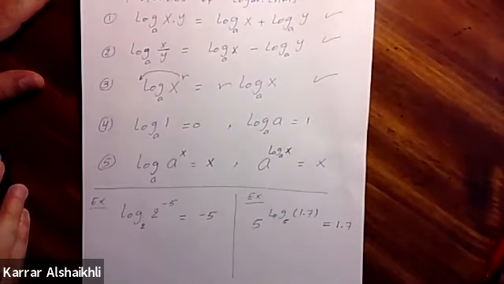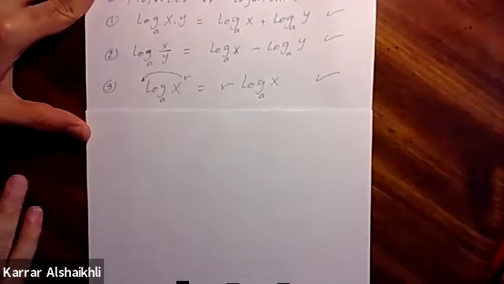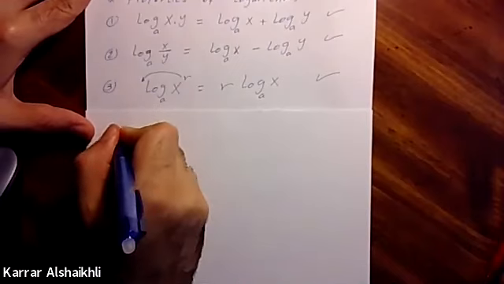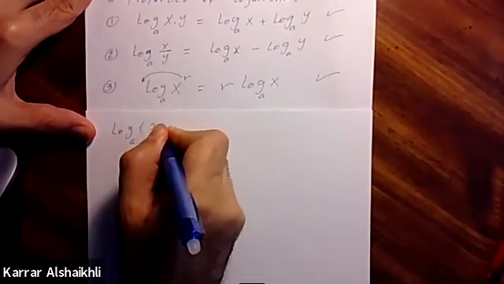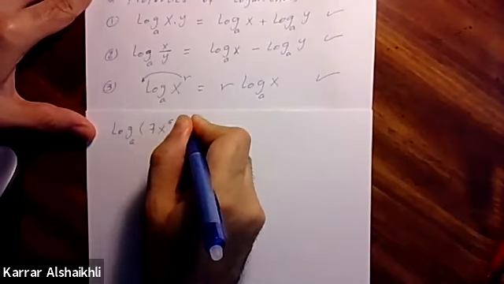I'll give you time to write down. So let's do this example. If you have log to the base a of 7x to the power 5y.